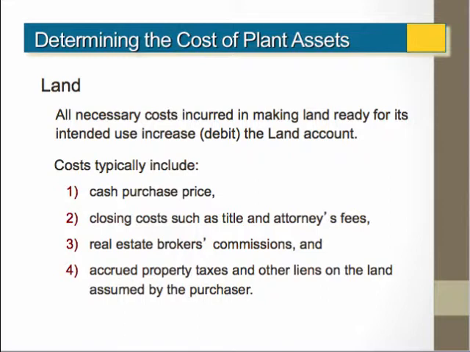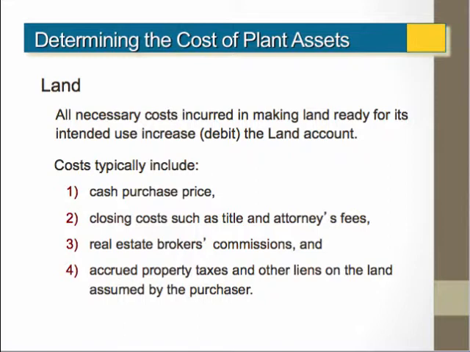For instance, if I had a purchase of a piece of land with a building on it, but my intent was to build a brand new building on that property, the cost of the asset would include the purchase of the land and that building. However, that building is going to be knocked down because we didn't want the old building, we wanted to build a new building.